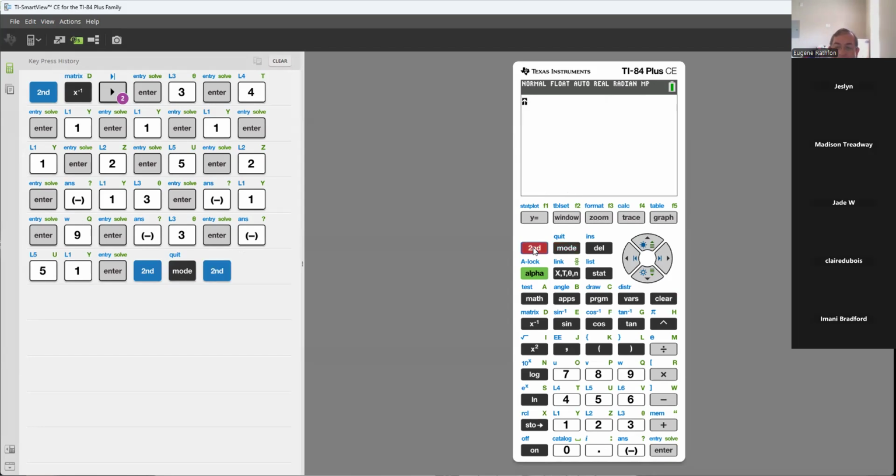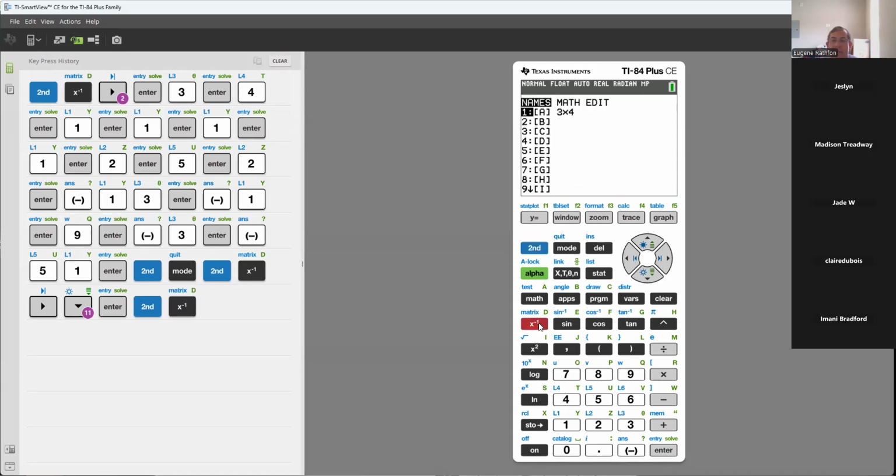Now I'm going to hit second x-1 for matrix again. I'm going to arrow right to math. And at this point, we're going to go down until we find RREF. RREF is B on mine, so hit enter. Now go get the matrix. Second, x-1, and it's always going to be the A one that I put mine in, so I just hit enter at that point.